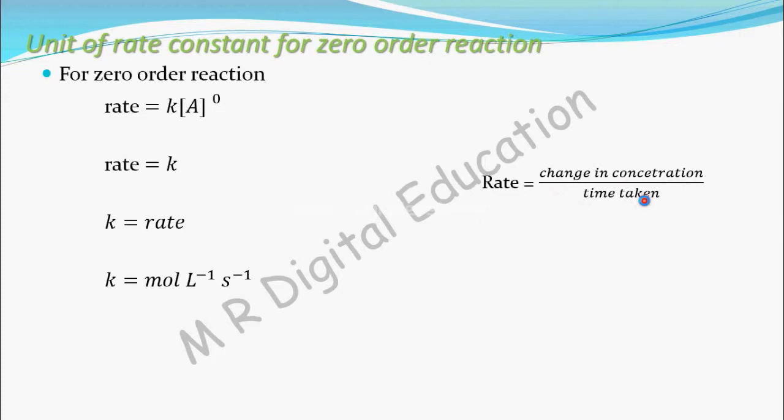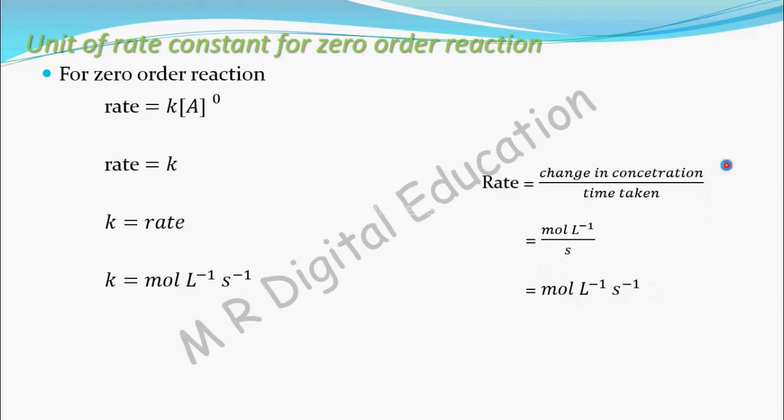If you express concentration in molarity, its unit is mole per liter, and time in seconds, then the unit of rate becomes mole per liter per second. If you express time in minutes, the unit becomes mole per liter per minute. If you express time in hours, then mole per liter per hour.